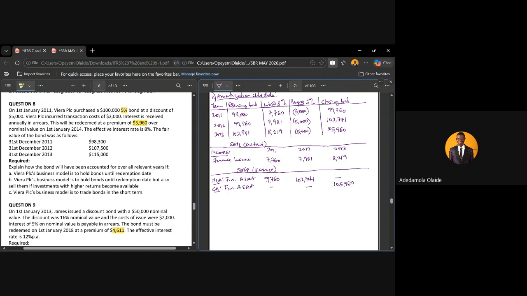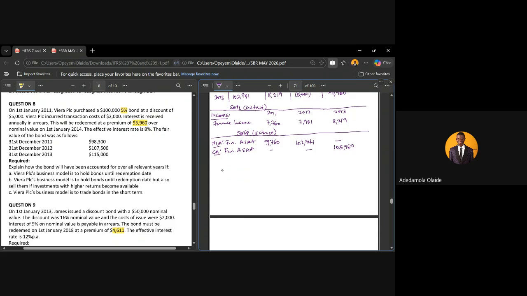That means they are unsure, like some ladies, they don't know what they actually want in life. So they follow anything they see. This is where you are holding to collect or sell. And when you are holding to collect or sell, we fair value through other comprehensive income.